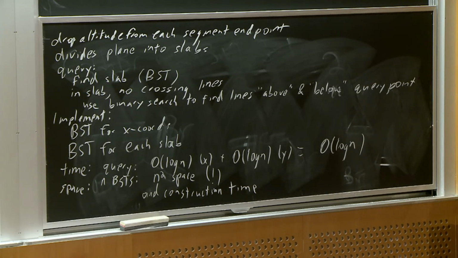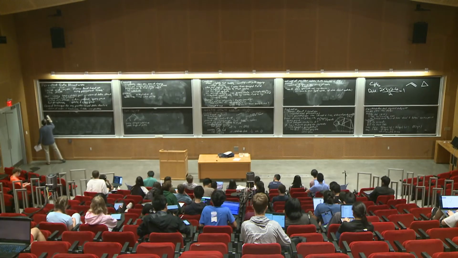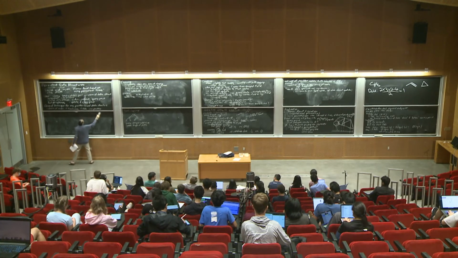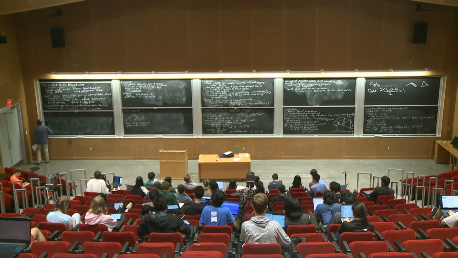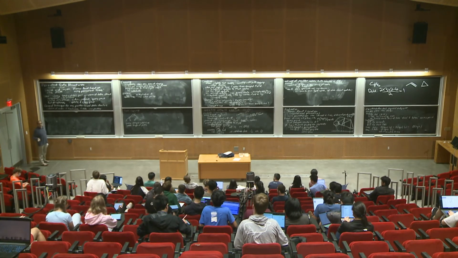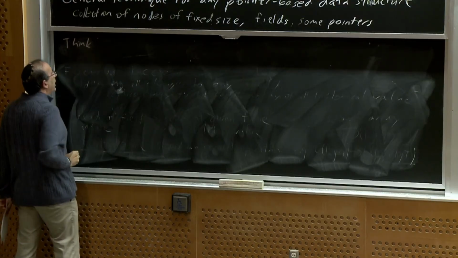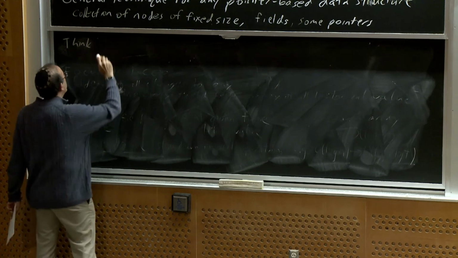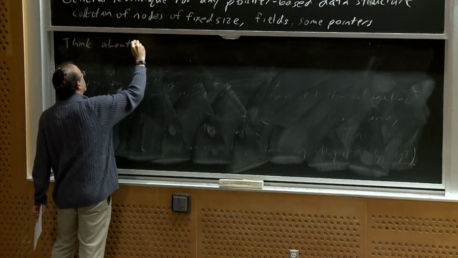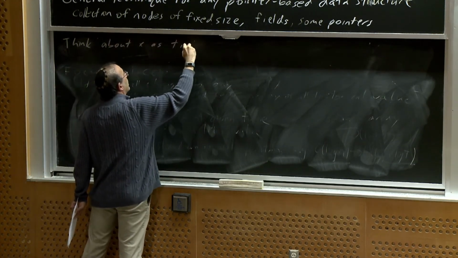Well, this is where persistent data structures come to the rescue. And it really just takes a very small change in perspective. Instead of thinking about having these two spatial coordinates, x and y, let's think, I don't know how many of you read Flatland, but let's think about x as time.